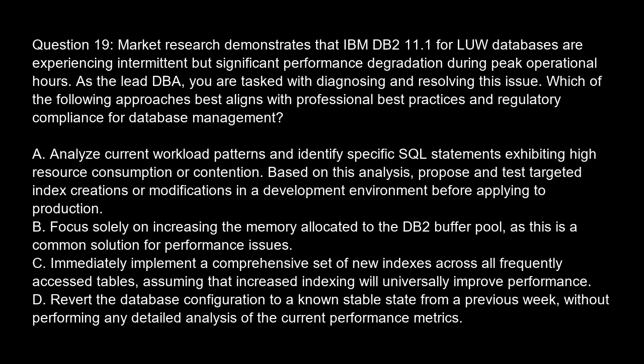Option C. Immediately implement a comprehensive set of new indexes across all frequently accessed tables, assuming that increased indexing will universally improve performance. Option D. Revert the database configuration to a known stable state from a previous week, without performing any detailed analysis of the current performance metrics.